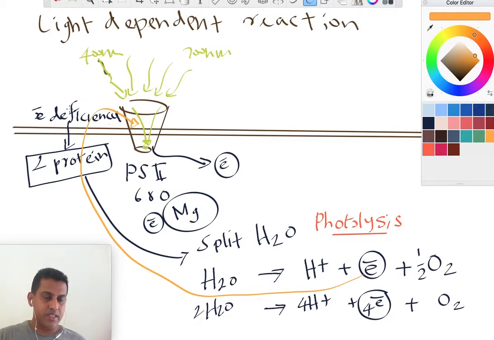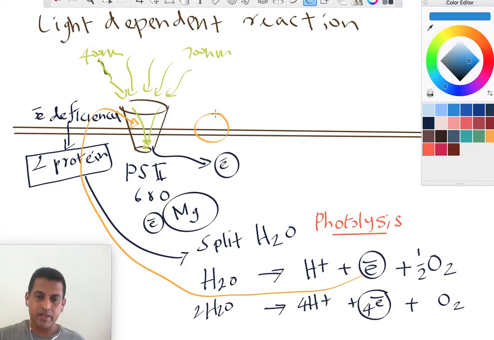This electron deficiency activates enzymes like Z proteins. Then Z proteins split the water into hydrogen ions, electrons and oxygen. Then these electrons go back to the photosystem 2 complex and fill the electron deficiency by replacing the missing electrons.